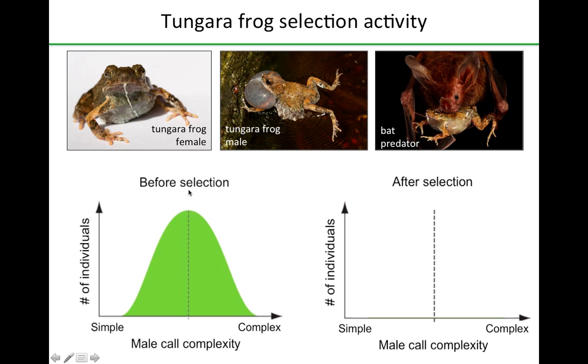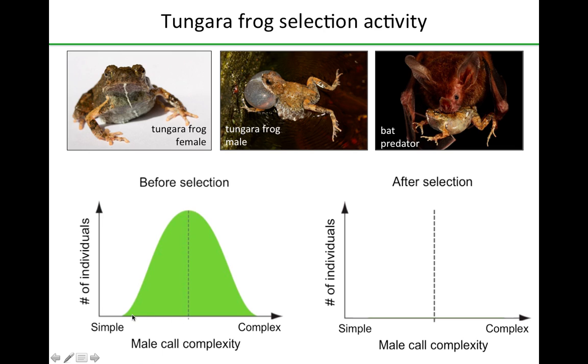Even though this is all laid out on the handout, I want to make sure it's really clear. You're going to have 3 different selection scenarios on the handout. For each one, the phenotype that we're going to be focusing on in this activity is male call complexity. If you'll recall from the article, male calls can be fairly simple, or they can have all these chucks added to the end that make them more complex.